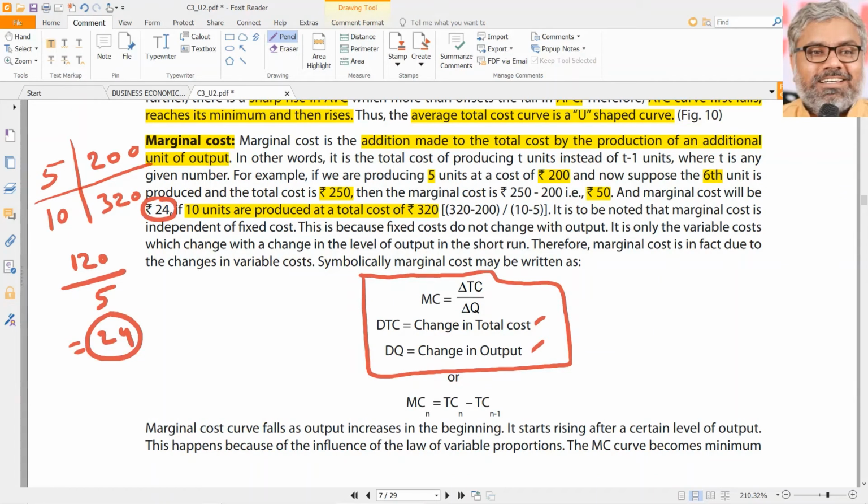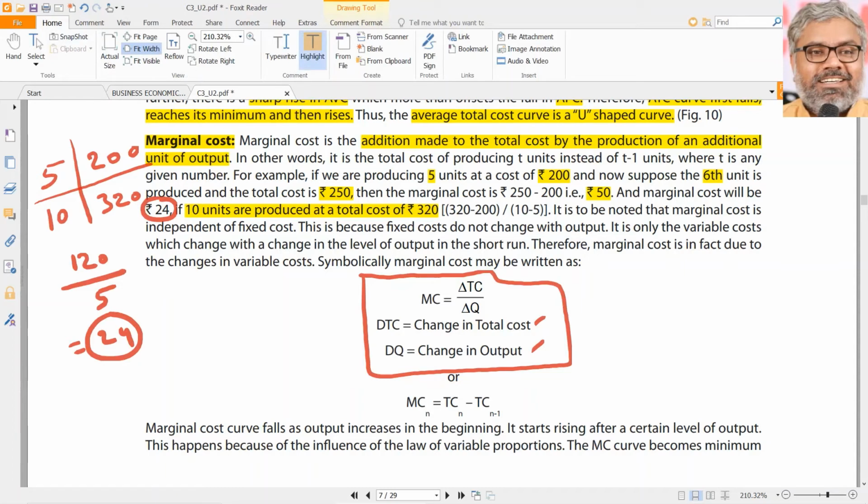And when there is a change in output, will there be a change in fixed cost? Definitely not. So that is why marginal cost is independent of fixed cost. So what will it be impacted by? It will be impacted by only variable cost. Why is that? Because the total cost will not change because of fixed cost.